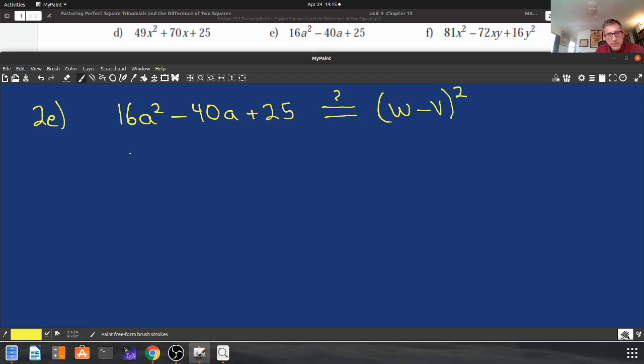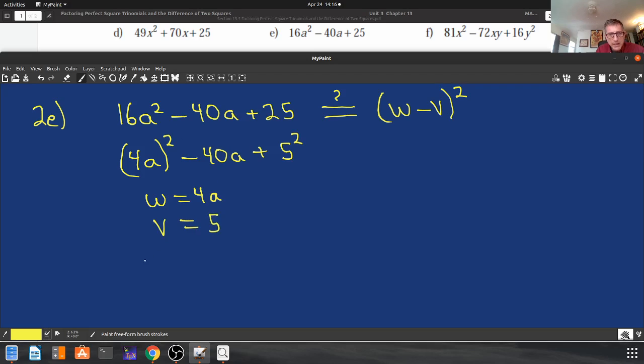Well, the square root of 16 is 4, and the square root of A squared is A. So I can rewrite my first term as a perfect square. I don't do anything with the middle term. And 25 is 5 squared. So that means my W will be 4A, and my V will be equal to 5.